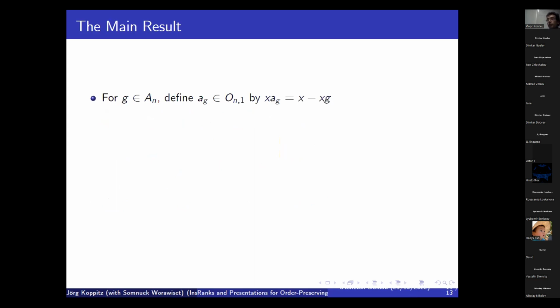Now we go back from AN to a transformation. That means to each element of AN, we can define a transformation in O1, namely that we map X to X minus G of X. What this means is nothing else than that the image of X is the difference between X and the image of X under the transformation.